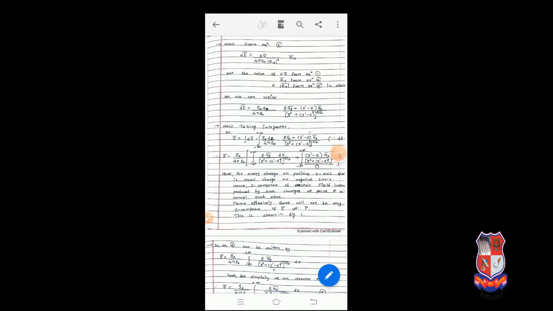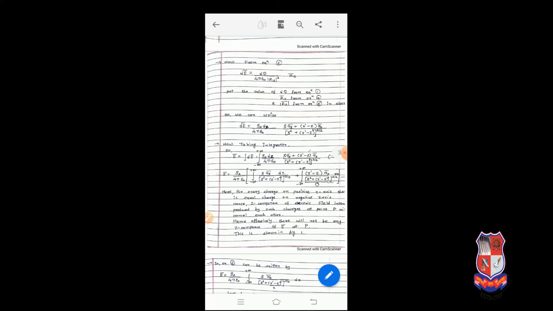Now here the second term is 0, because for every charge on the positive z axis there is an equal charge present on the negative z axis. Hence the z component of electric field intensity produced by such charges at the point P will cancel each other.